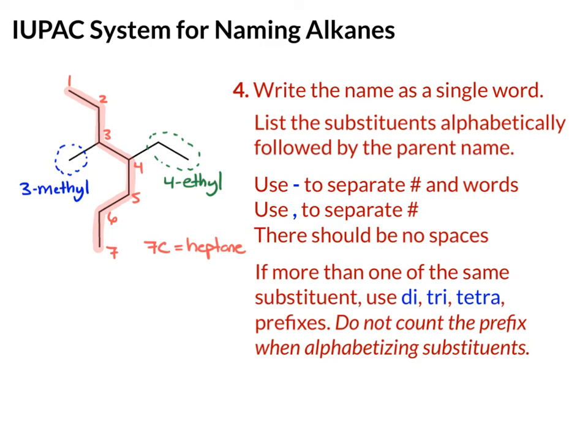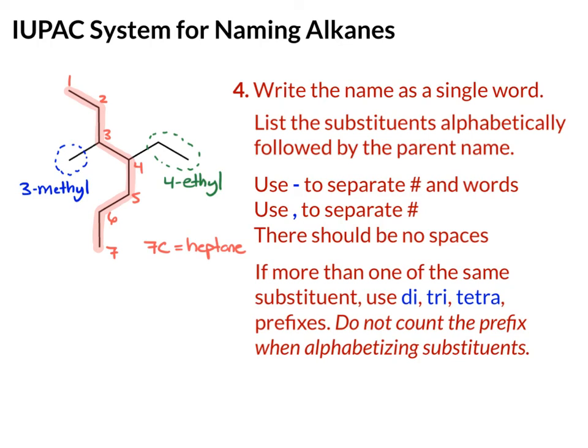There should be no spaces. And if we have multiples of the same substituent, we use the di, tri, or tetra prefixes. So for example, if you had 2 methyl groups in the molecule, instead of writing that twice, you would just say dimethyl.